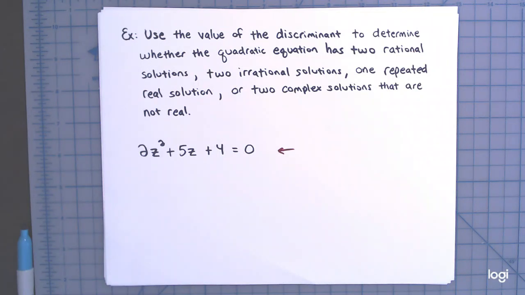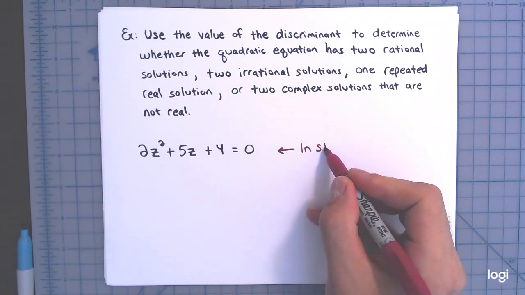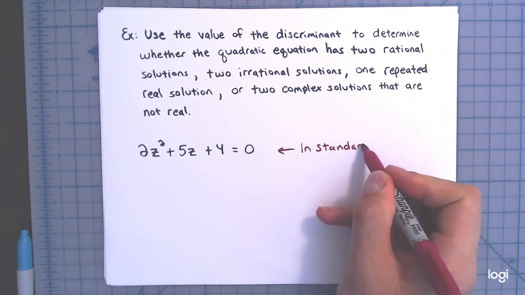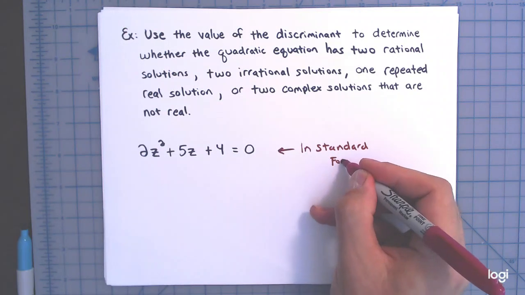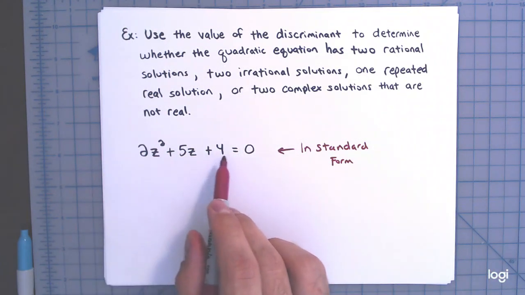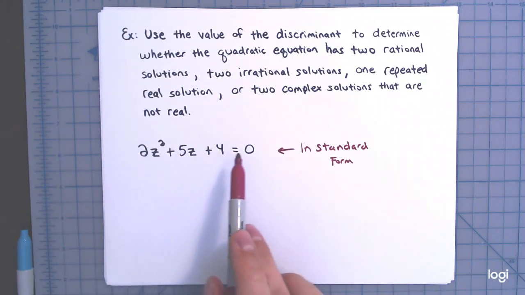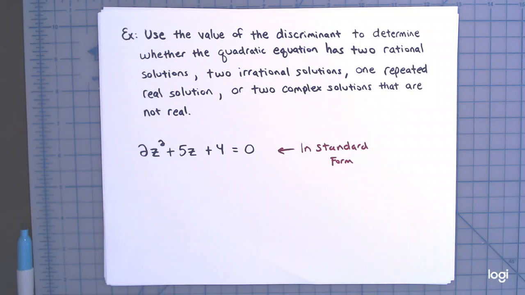So you can't use the discriminant whenever you can't use the quadratic formula. And the only time you can use the quadratic formula is when it's in this standard form, where every single term is on one side with the variables and the constants, and then you have 0 on the other. You have your quadratic polynomial on one side, 0 on the other. So that means we can use the discriminant.